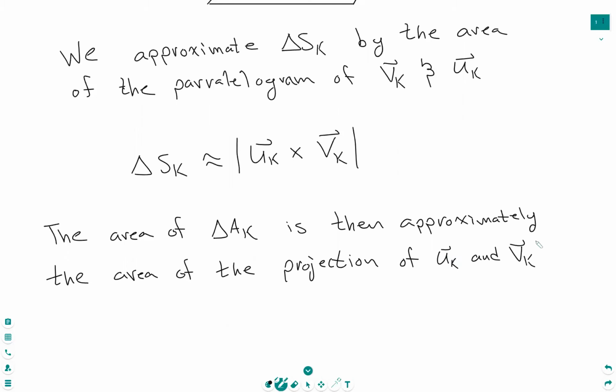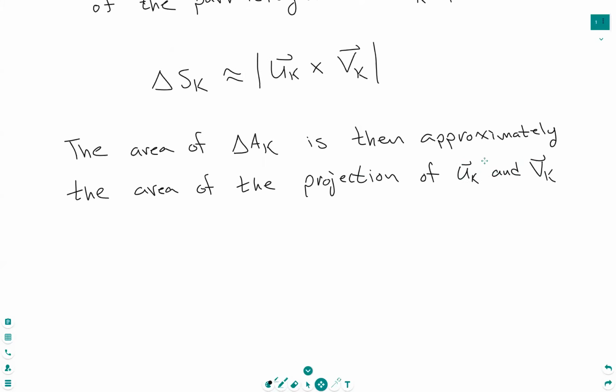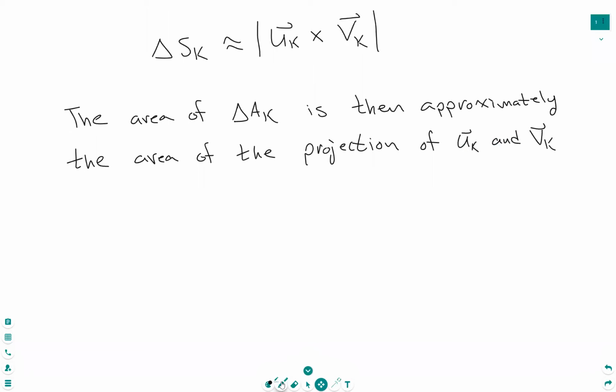So if we go ahead and project that parallelogram down to the coordinate plane that we're looking at, we have to look at the parallelogram formed by the projection here. So we're going to use the triple scalar product here.